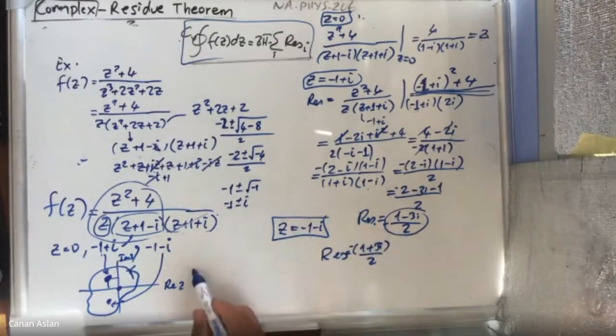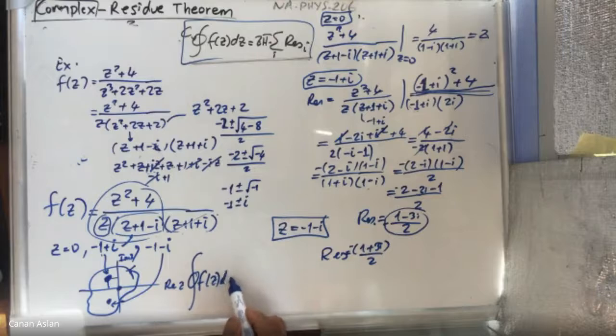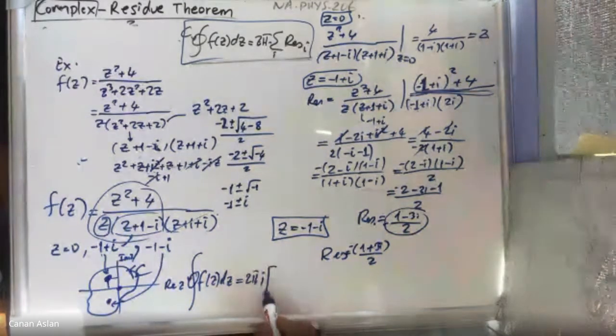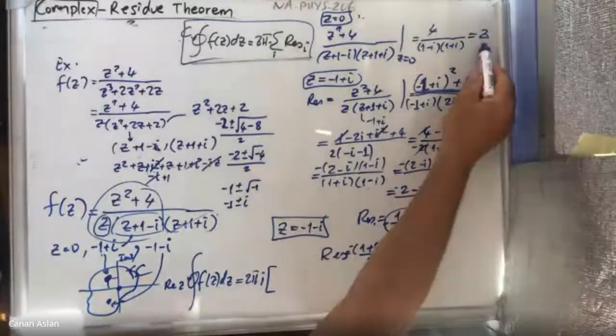Now the integral of this function, over the circle or any curve C which includes all these three singular points, is given as 2 pi i times the total residue. The first one is 2.